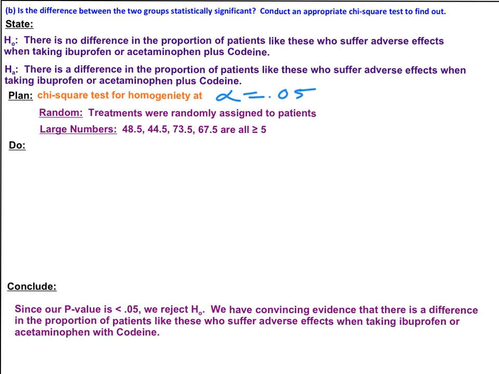Treatments were randomly assigned. Got our expected counts. For this contribution, I always typically start in the top left, and then I go down. Those are the two that I consider the first two.